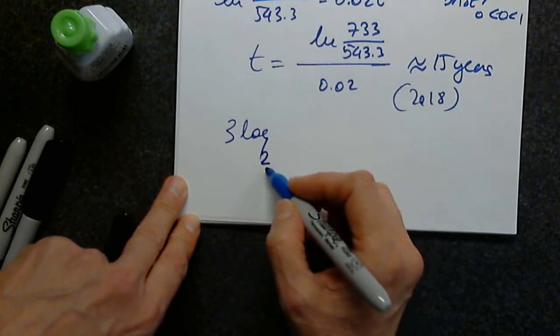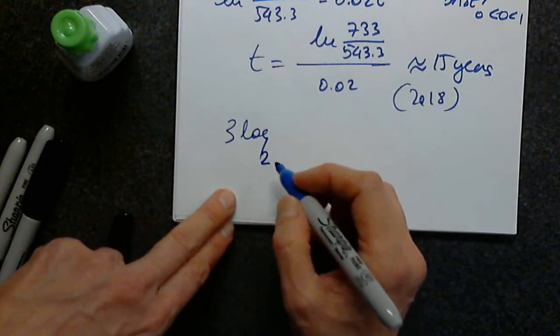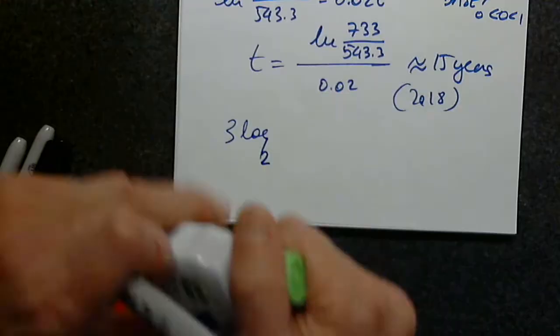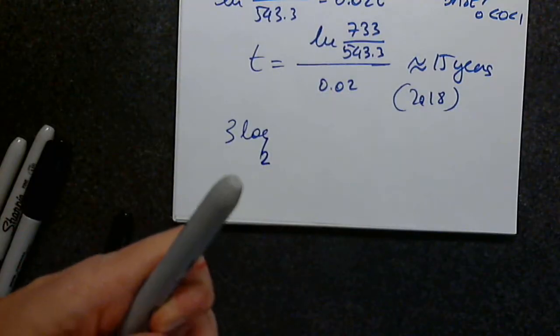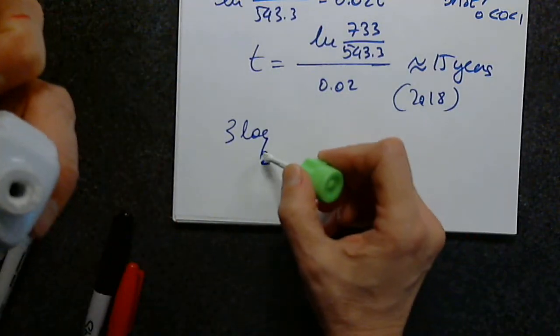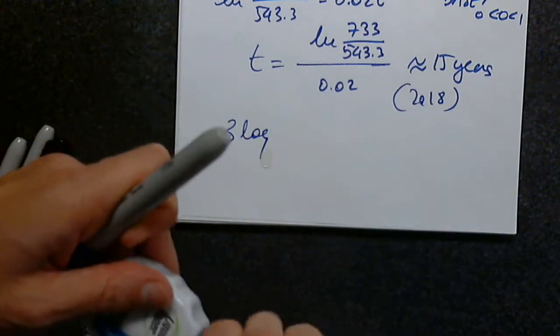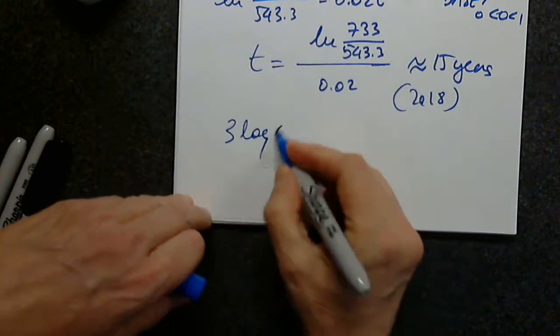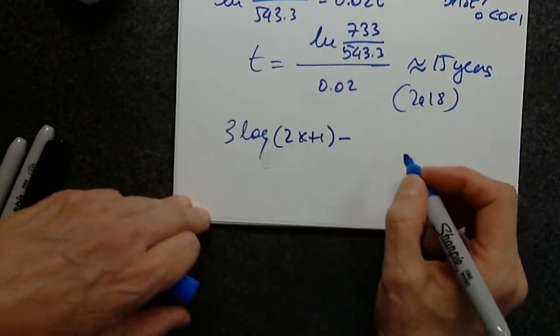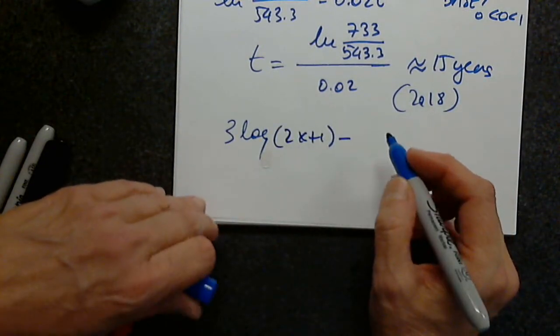Log base 2 or just log? Oh, okay. Sorry about that. So 3 log 2x plus 1, very good, minus 4 log x.